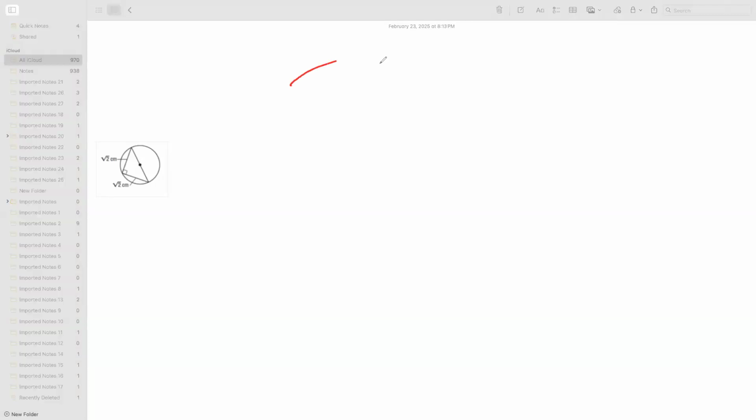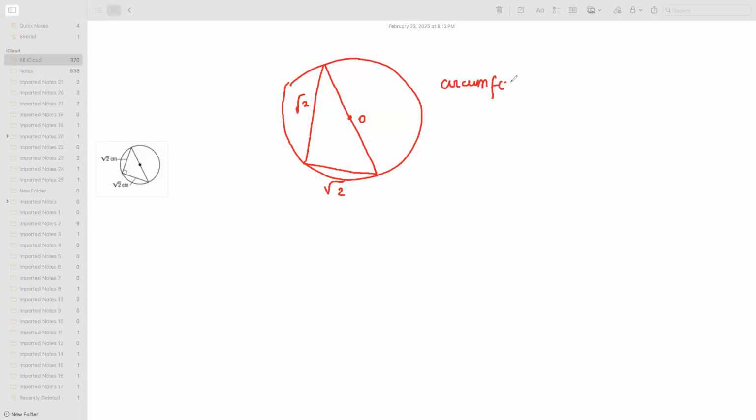There is a circle with center O. A diameter is drawn through the center O, and a right angle triangle is drawn with the diameter as the hypotenuse. One leg is √2, the other leg is as well √2. What is the circumference of this circle? It is a general review. We'll do a good review and then we'll move on to the last bit of circles.